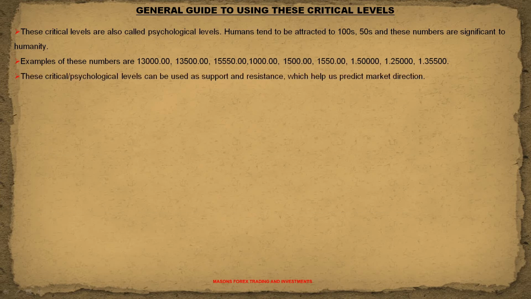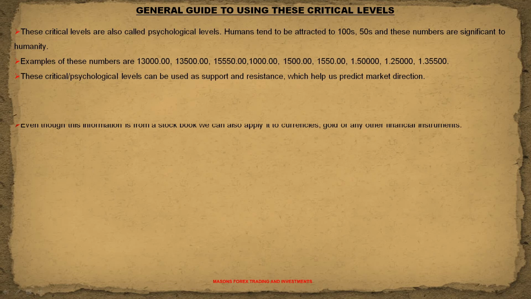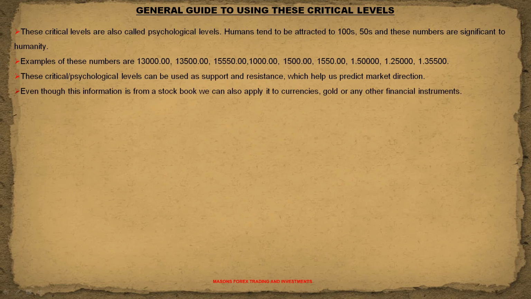These critical or psychological levels can be used as support and resistance, which help us predict market direction. Even though this information is from a stock book, we can actually apply it to our currencies, gold, or any other financial instruments.